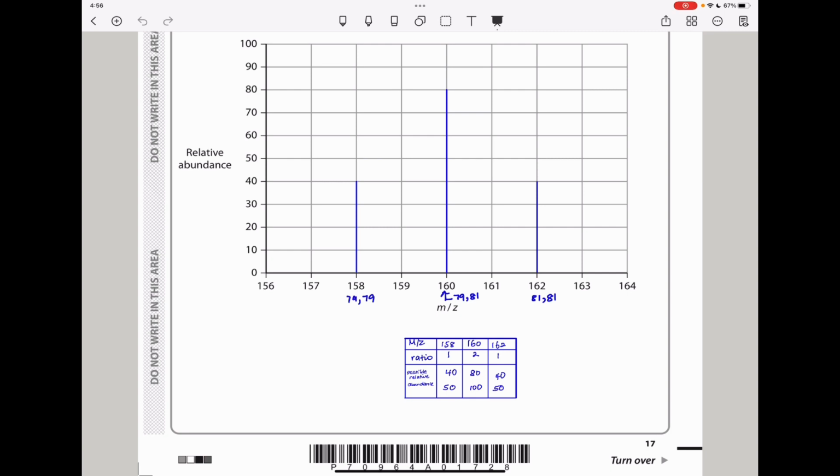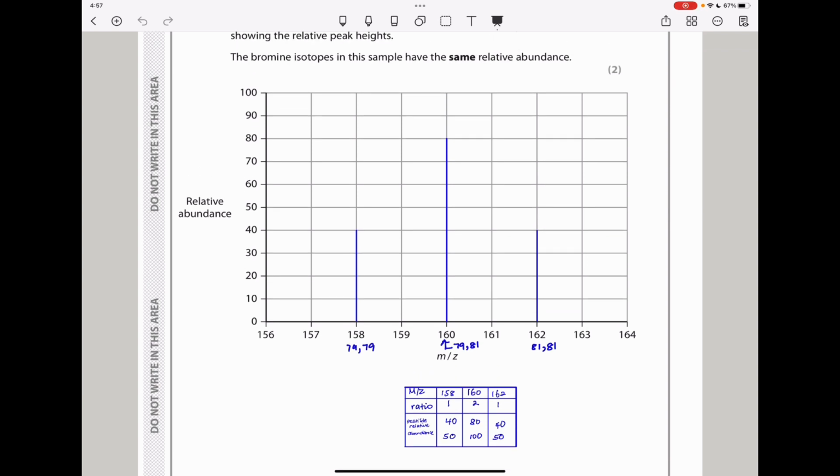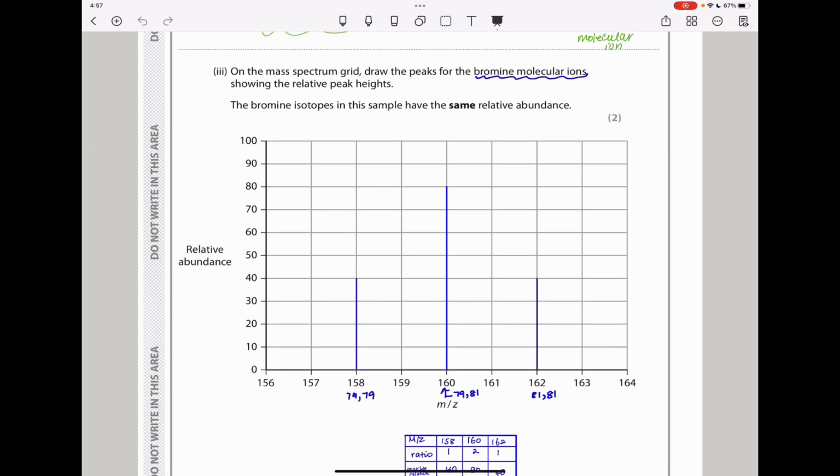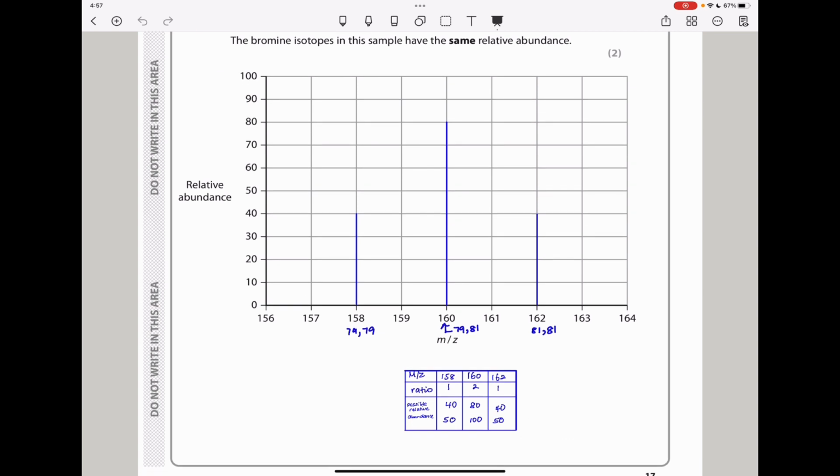Another person could choose to use 50, 100, and then 50. The key thing is you have to stick to the same ratio because of the abundance. The abundance here is going to be a ratio of 1 to 2 to 1. So the relative abundance is like that. The heights of your peaks have to be exactly in that same order. So if you used a ratio like 50, 100, 50, that will be okay as well.